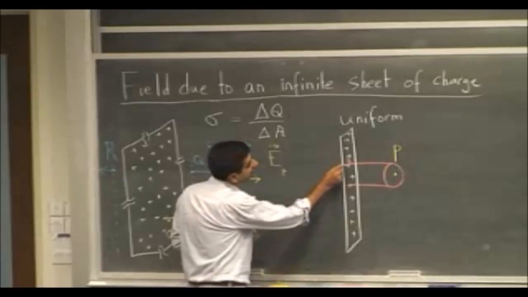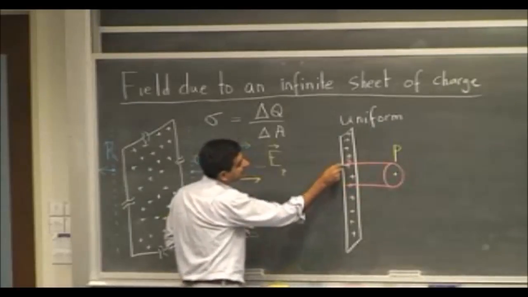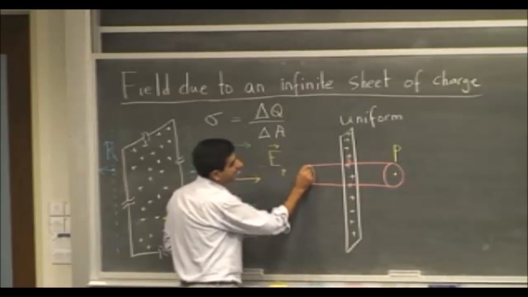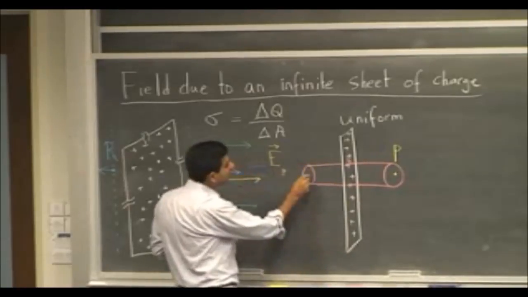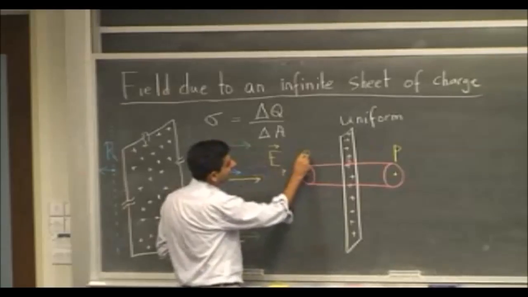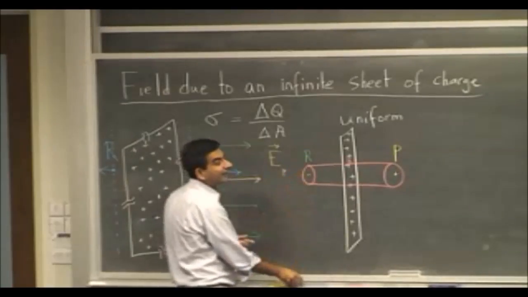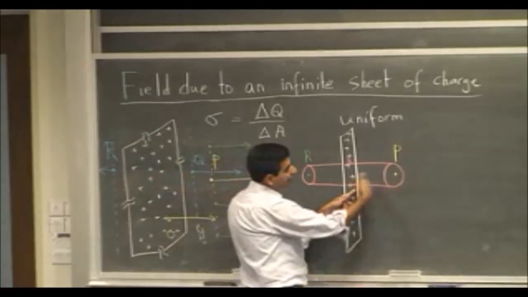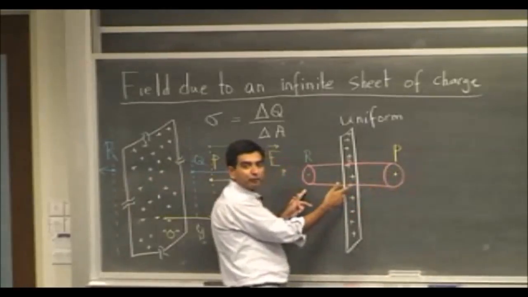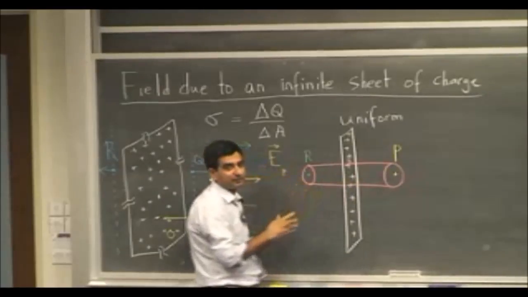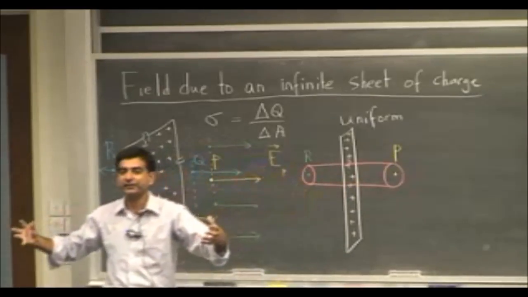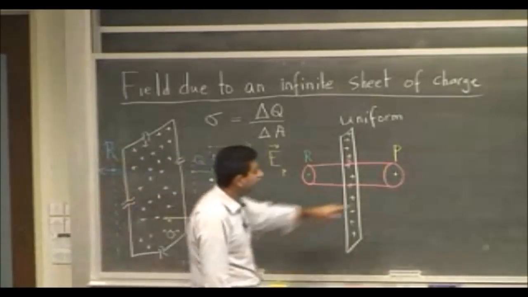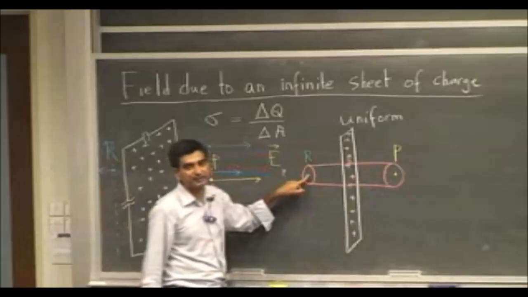And I would like to extend this cylinder to the other side as well, such that the other point R is in the middle of the other end cap, and the amount of length that extends out of the cylinder to the right is the same as the amount of length that extends to the left. So it's a very uniformly placed Gaussian surface. Okay, and I already know that the field here will have the same magnitude as the field here.